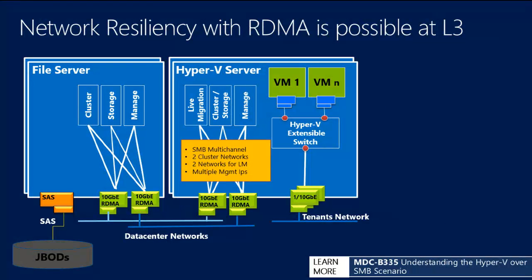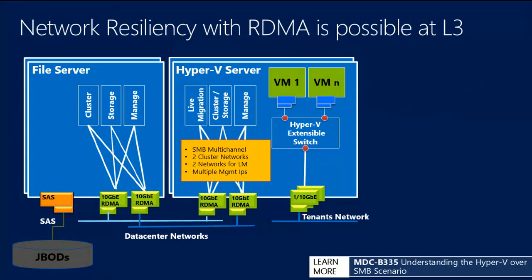There is an issue between RDMA and NIC teaming. Because RDMA bypasses the whole network stack, you cannot do NIC teaming and RDMA together. Not possible. What you can do is to basically move to L3.